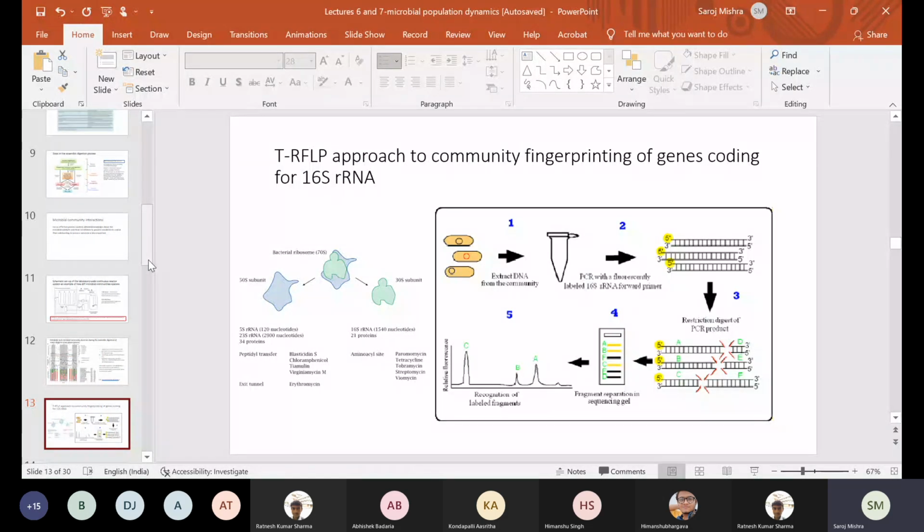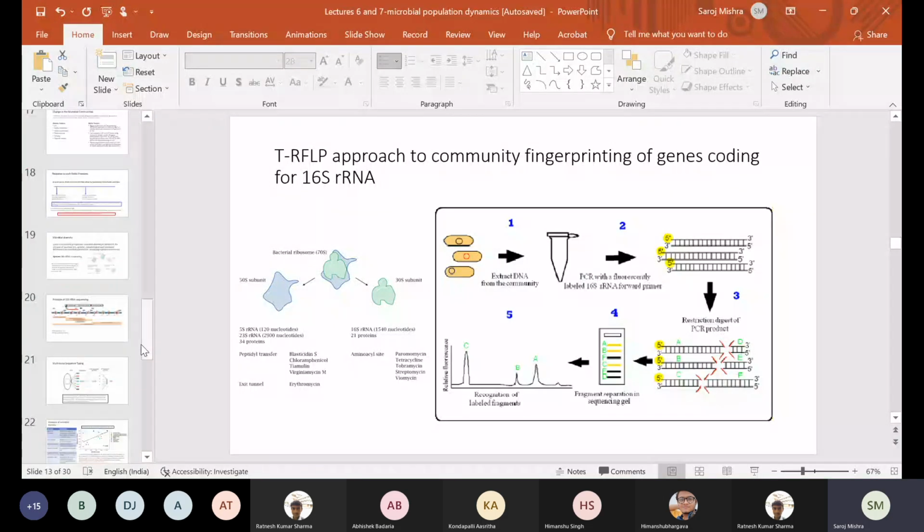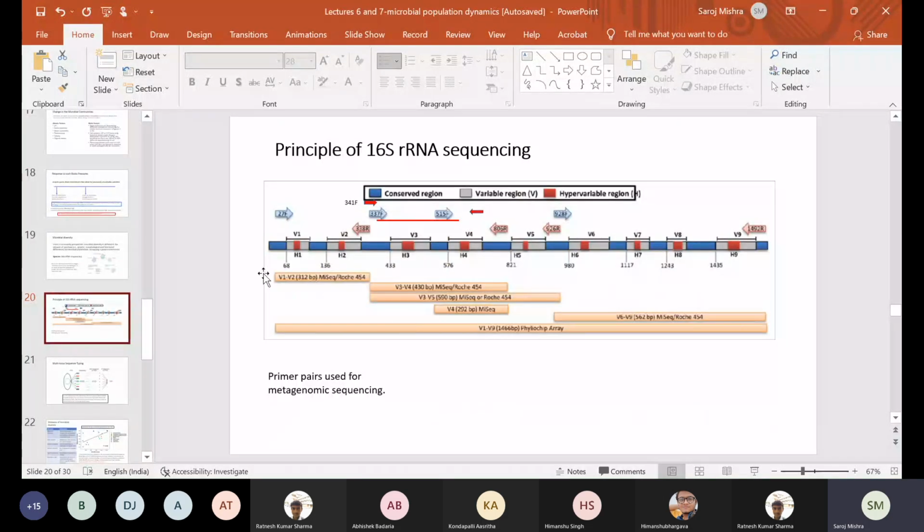Before I come to this slide, let me very quickly show you another slide. Okay, so now, 16S, this is the gene which is coding for 16S ribosomal RNA. Okay, so it could be from a bacterium.